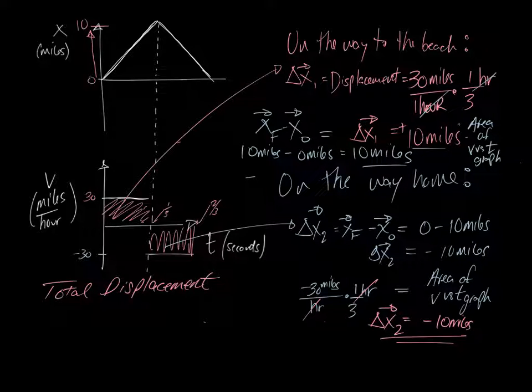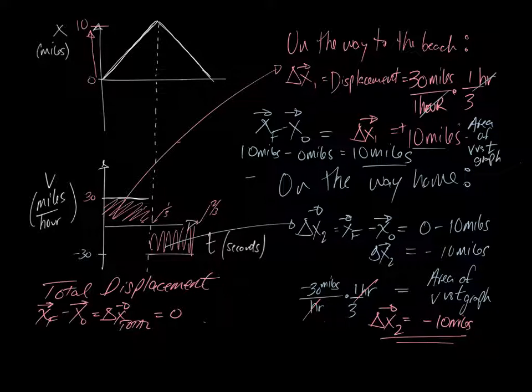well, since I went there and back, and my ending position is at the same place as my beginning position, my final position and my beginning position are the same number, right? So it's going to be 0, which is 0 minus 0 is 0.